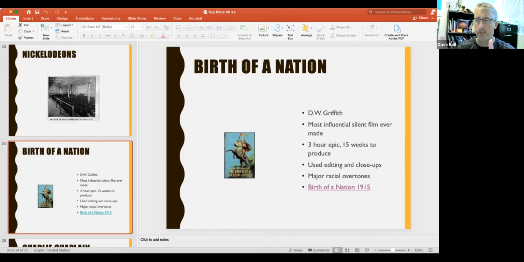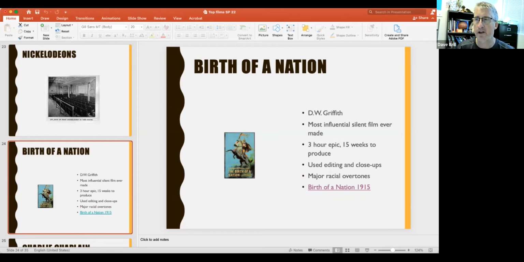Okay, here's the but. The but is it was racist and controversial. Why? Because it flipped the script, if you will. Civil War drama, it portrayed the South as the protagonist and the North and the soldiers invading the South, in its words, as the antagonist, okay?